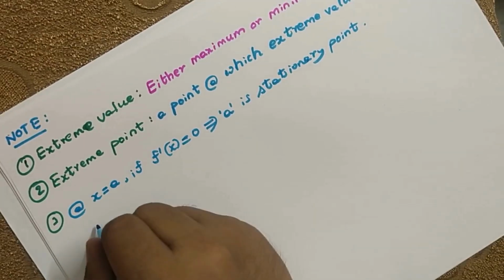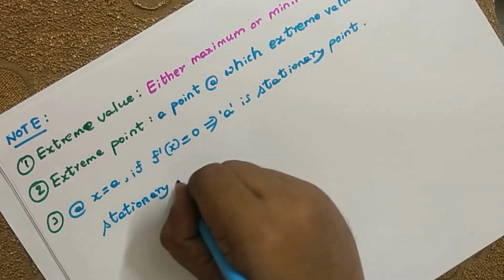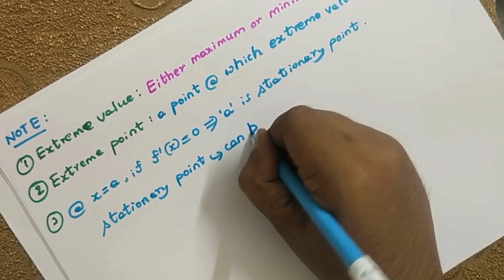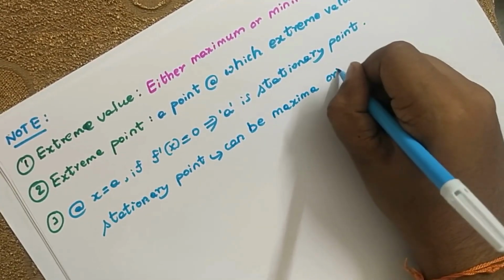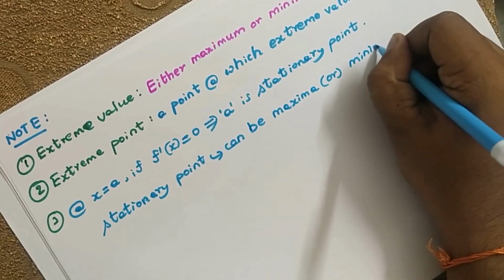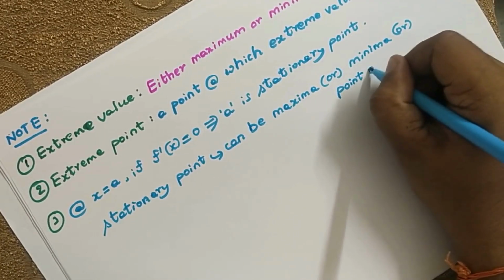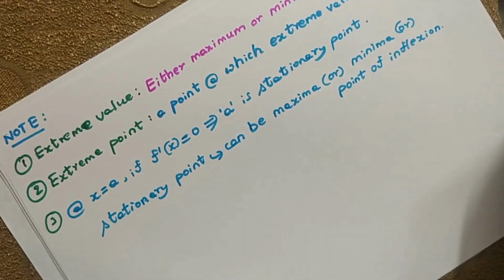So this stationary point can be maxima avachchu, anything, or minima avachchu, or point of inflection point kuda avachchu. No restrictions on that. Yes, okay.